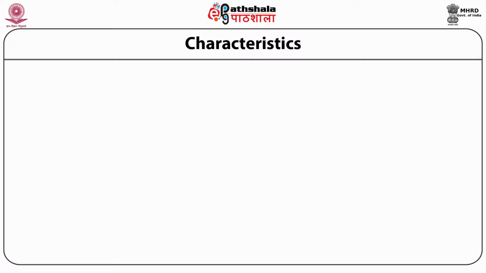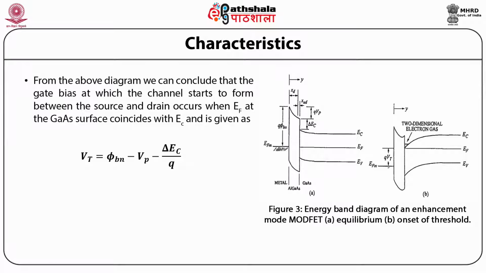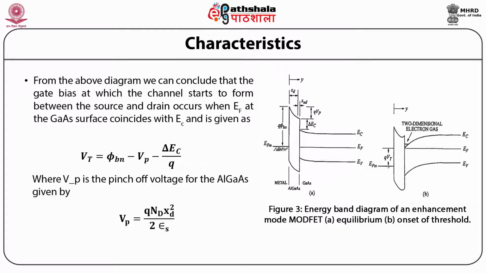Characteristics of MODFET. From this diagram, we can conclude that the gate bias at which the channel starts to form between the source and the drain occurs when EF at the gallium arsenide surface coincides with EC, and it is given by Vt equal to phi Bn minus Vp minus delta Ec by q, where Vp is the pinch off voltage for the aluminium gallium arsenide, and it is given by Vp equal to q Nd chi d square divided by 2 epsilon s.